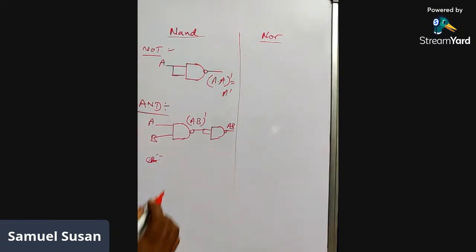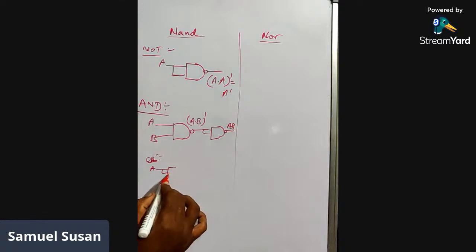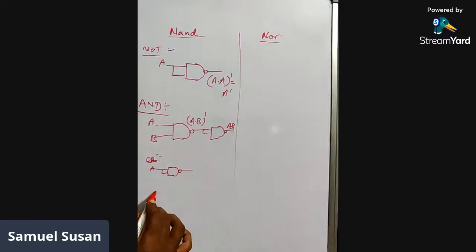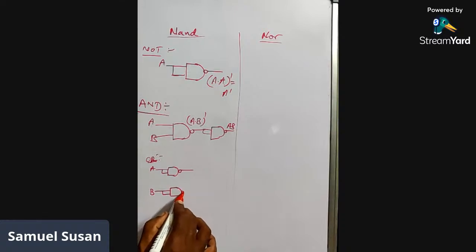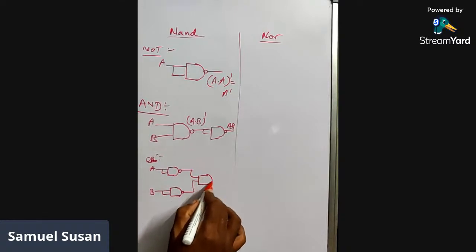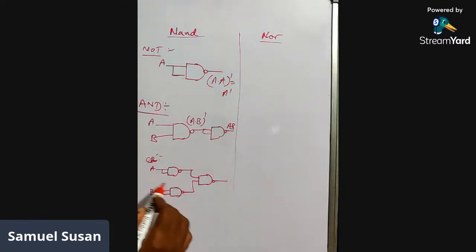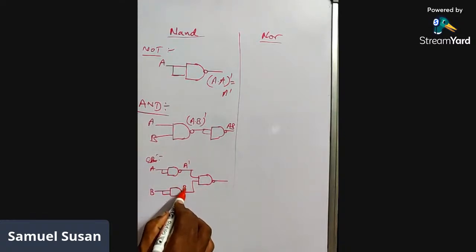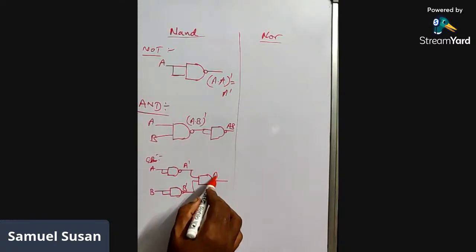Finally, an OR gate using a NAND gate. First we take one input A and complement it using a NAND gate, and we take B and complement that using a NAND gate too. So this is A dash and this is B dash. Now this is (A dash dot B dash) whole dash.